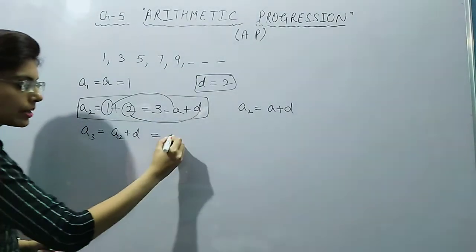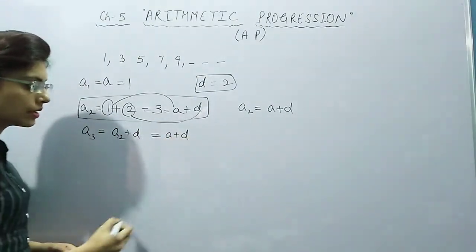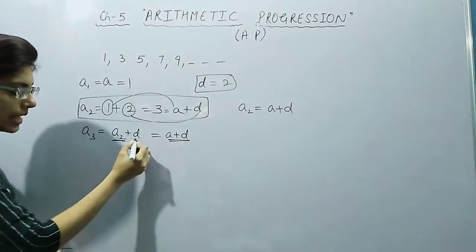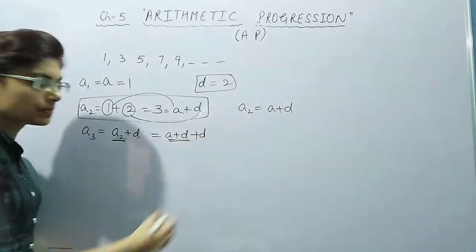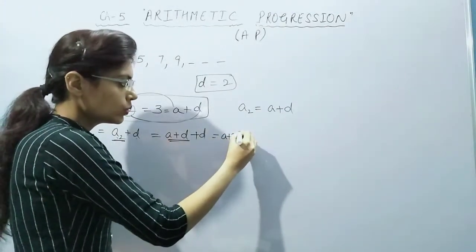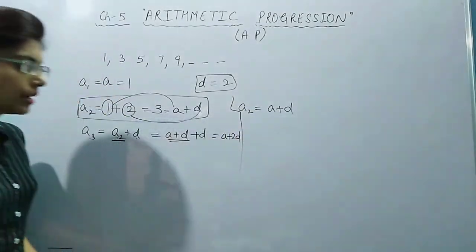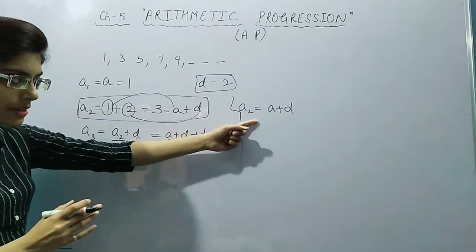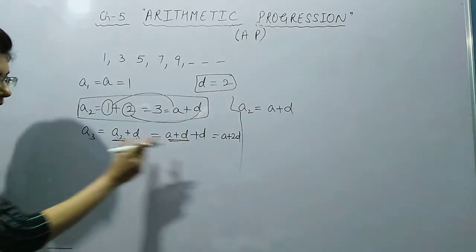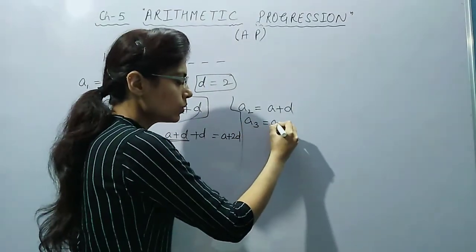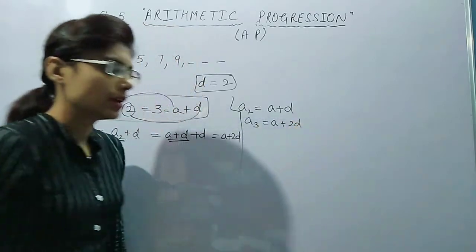So in place of a2, I write a plus d, then plus d as it is. Now solving this we get a plus 2d. So a3 is equal to a plus 2d.